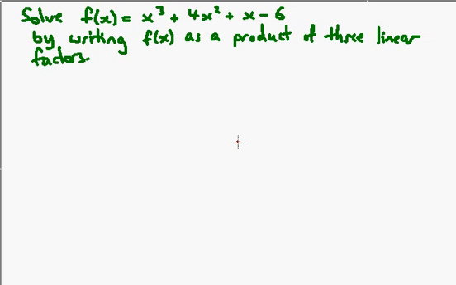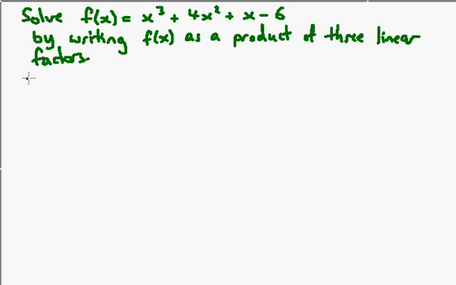Now, in order to do that, we would have to have a method like we had with the quadratics, but we don't. So I'm going to use a combination of methods. In fact, first of all, I'm going to use substitution to see if I can find a factor first.